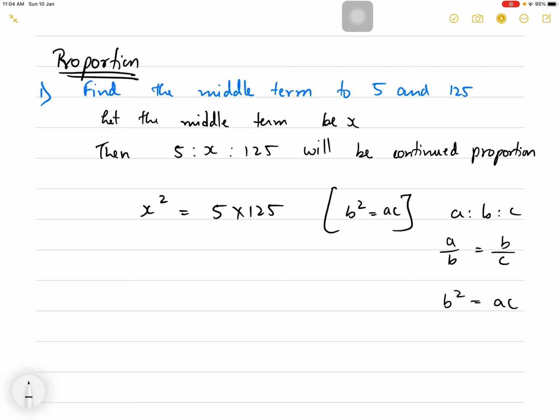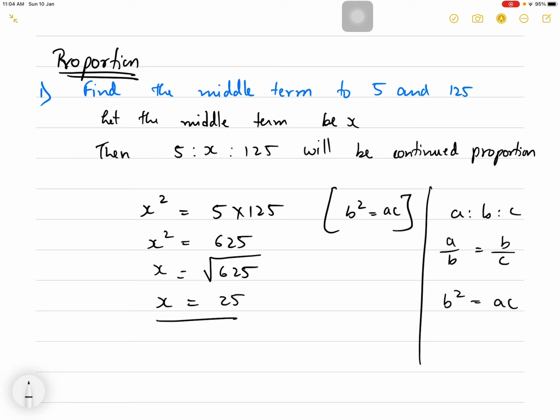So 5 into 125. What is 5 into 125? Is it 625? Yes. So x square is equal to 625. So x is equal to, square, take it to the other side, it becomes square root. So x is equal to 25.